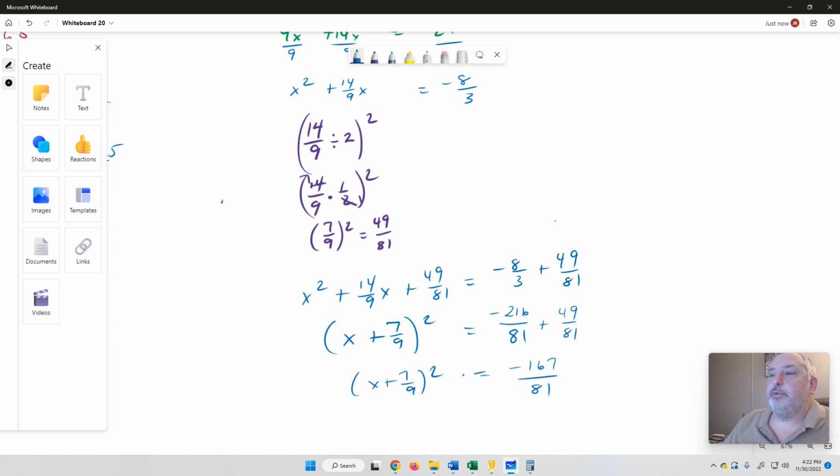And now I'm going to take the square root of both sides. And so this will give me x plus 7/9 equals positive or negative i again times the square root of 167 divided by 81.